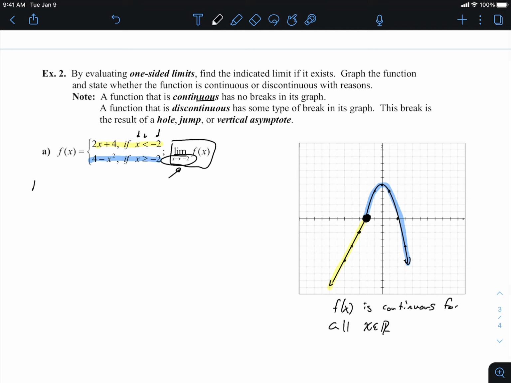So we're just going to evaluate the two limits as x approaches -2 from the left and from the right. We can denote this as the left side limit so that you're very clear. The left side limit will be the limit as x approaches -2 from the left of, and which piece should we do?